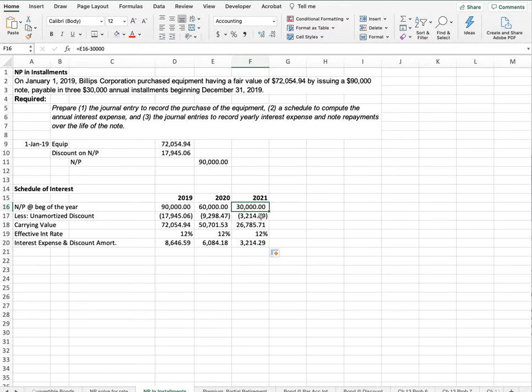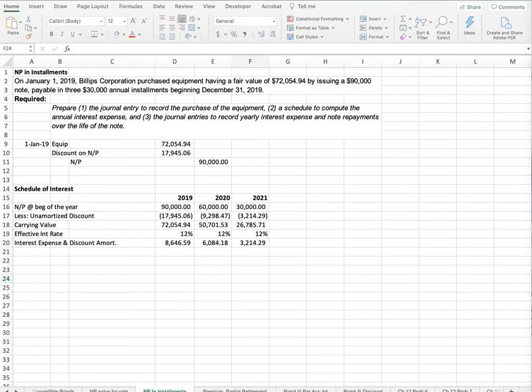The unamortized discount is the previous discount taken out of what was left as unamortized, so the 3,214, and then that gives us a carrying value, which gives us an interest expense of 3,214.29. And the fact that these two numbers equal one another is a good sign, because our unamortized discount should be 0 by the end of this year.